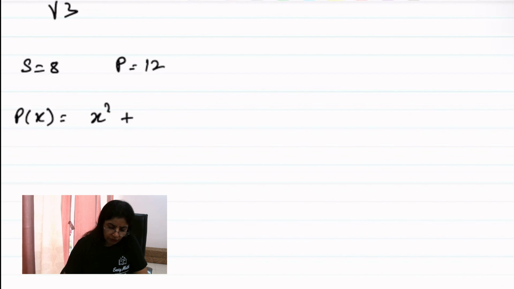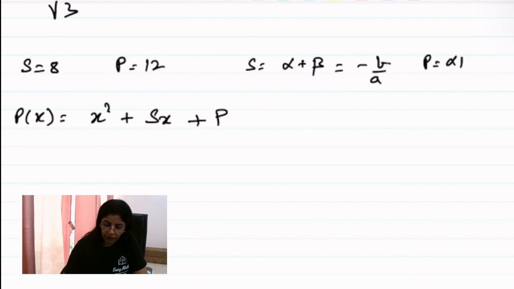So, the polynomial will be x square minus Sx plus P, where sum is equal to alpha plus beta, which is minus b upon a, and product is alpha beta, which is equal to c upon a.